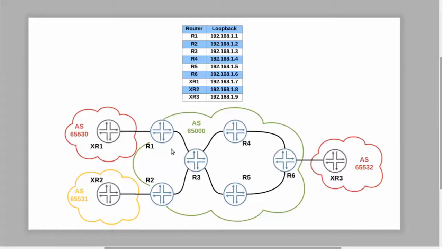What we're going to do is configure R1 with its iBGP sessions facing into the AS and one eBGP session facing this remote AS. And we'll see how routes between these three external ASs flow through AS 65000 and reach each other. So let's now jump into the configuration.